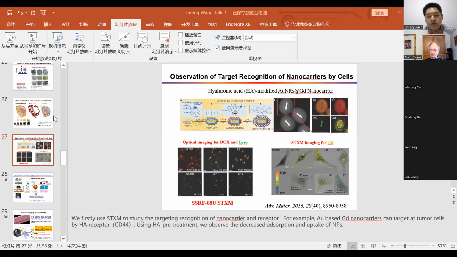I think we need to use some biochemical tools to study which protein has a stronger affinity to the nanomaterials. For example, if we want to study the proteins outside the membrane, we can first use proteomics to detect what kind of proteins prefer to absorb on the surface.